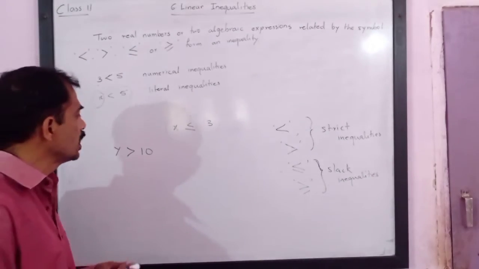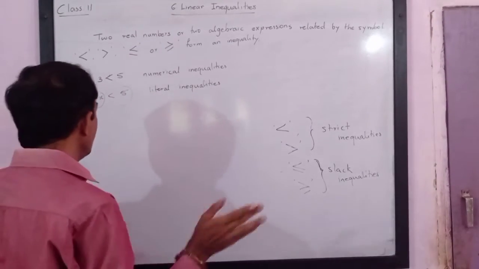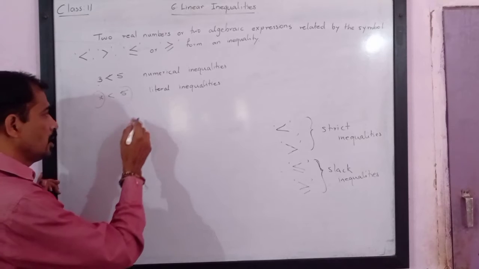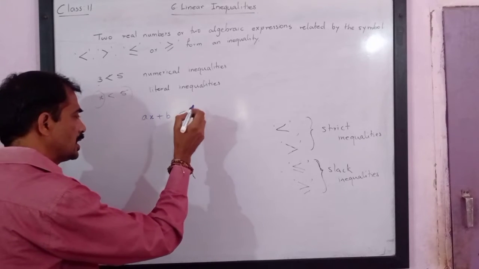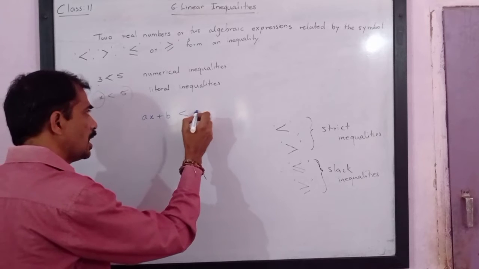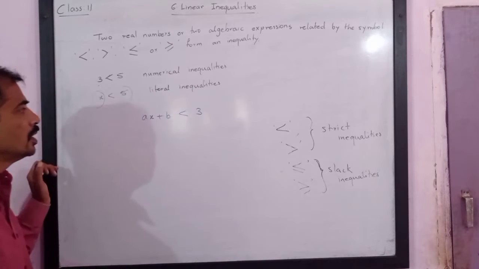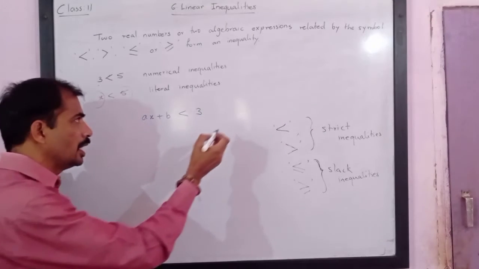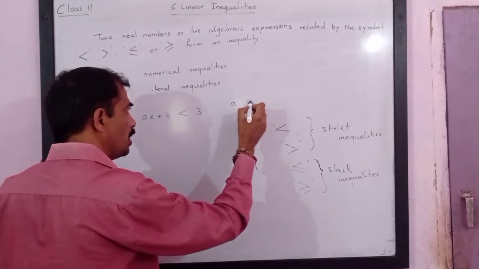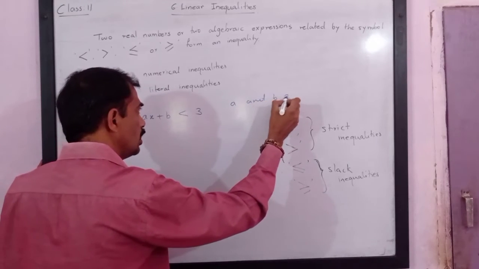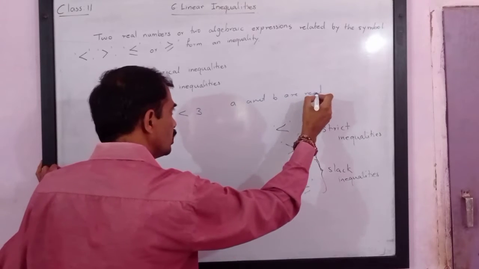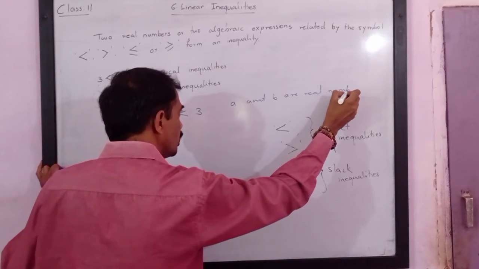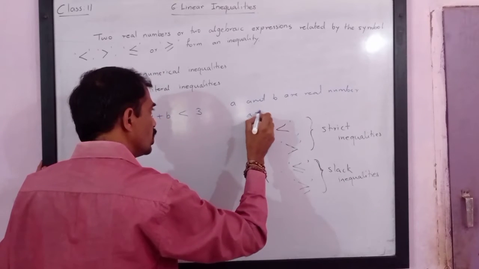Let us try to understand the concept in more detail. Imagine the relation ax plus b is less than 3, where a and b are real numbers and a is not equal to 0.